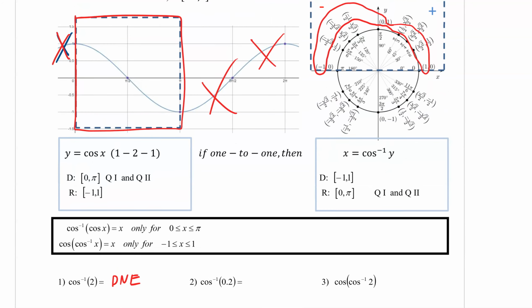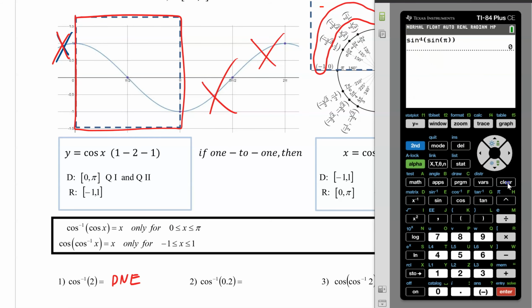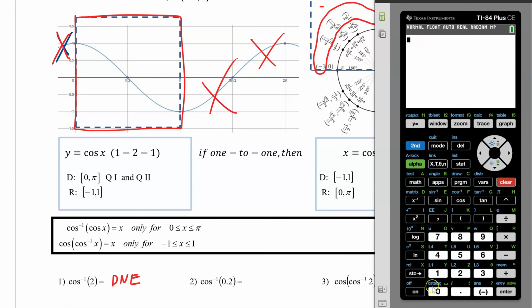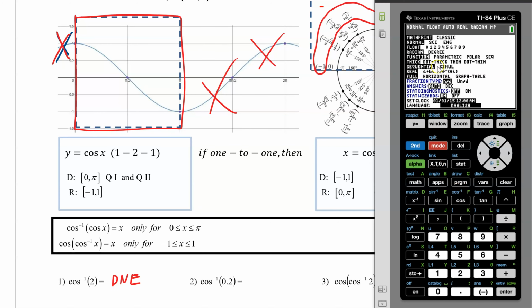Now, cosine inverse of 0.2. Well, there's no exact value of 0.2 here. So what do we do? Well, you pull out your calculator and you find it. But we do know that this is positive. So we know it's going to be in this range here because it's positive. So if we go second, inverse cosine of 0.2, we go to our mode, and I like everything in radians, but you can do degrees as well.